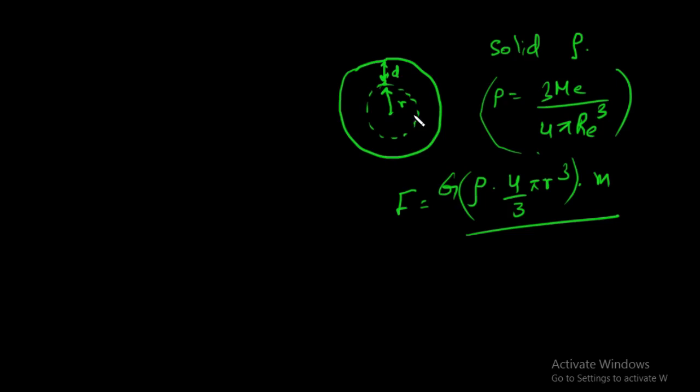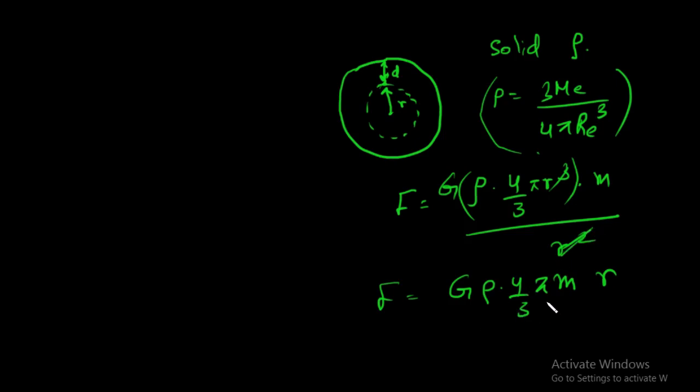We can neglect the outer mass. So G m by r square, this cancels out. So we have F equal to G rho 4 by 3 pi m r, and r square is cancelled.